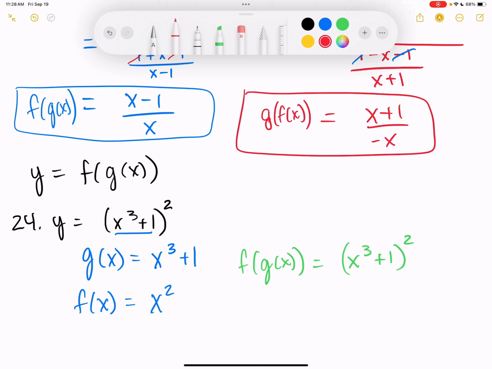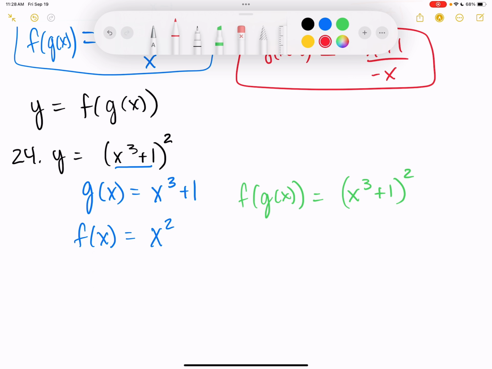Now, another way I could write this problem, g of x could just be x cubed if I wanted it to be, and f of x could be x plus 1 squared. Because same thing, if I plug this in here, I have x cubed plus 1 being squared. So there's two different options that would give you the same answer for both.